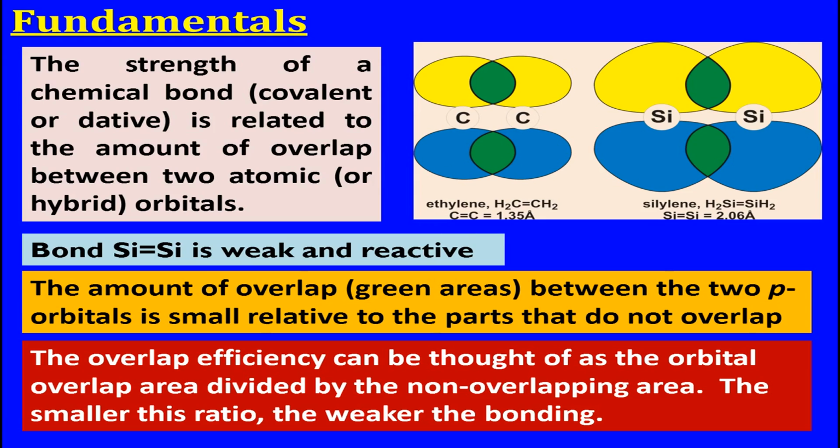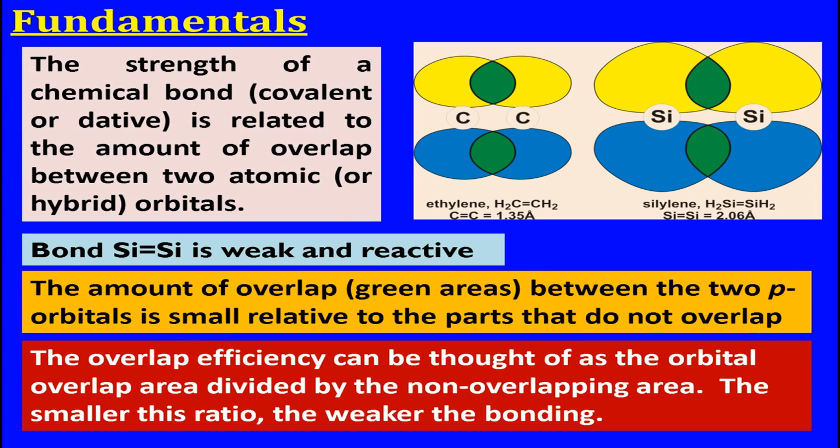Consider the examples of C=C and Si=Si. The amount of overlap between the orbital of carbon and the second orbital of carbon, the green areas, between the p orbitals is small relative to the part in yellow that does not overlap.